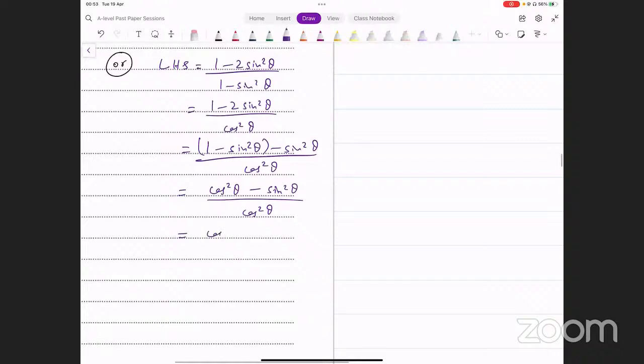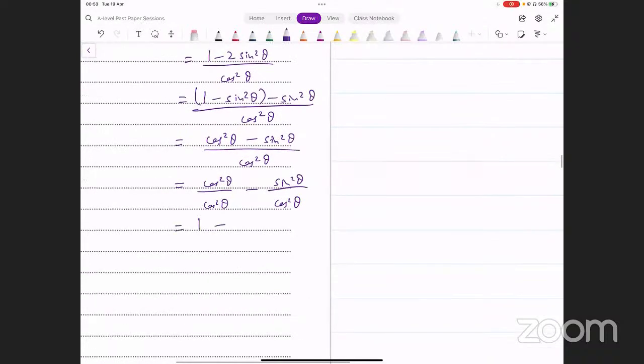And now we break down the fraction: cos square theta over cos square theta minus sine square theta over cos square theta. Cos square over cos square becomes 1, sine square over cos square becomes tan. We get 1 minus tan square theta, which is equal to the right hand side. This could be another way to do that. Okay?